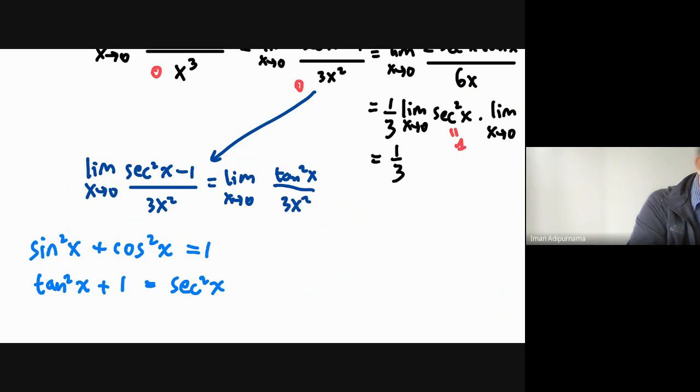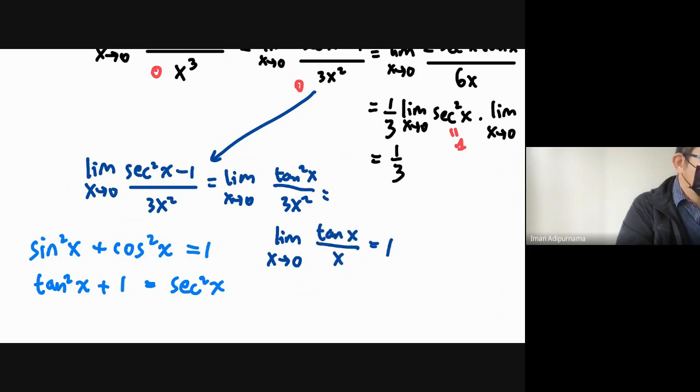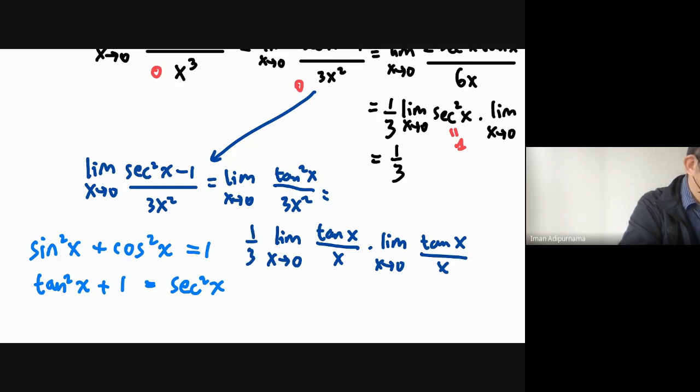And this will be 3x squared. And you can solve this by the trigonometric definitions in limit. We know that this is equal to 1. Or we can separate, and this will be 1 over 3.